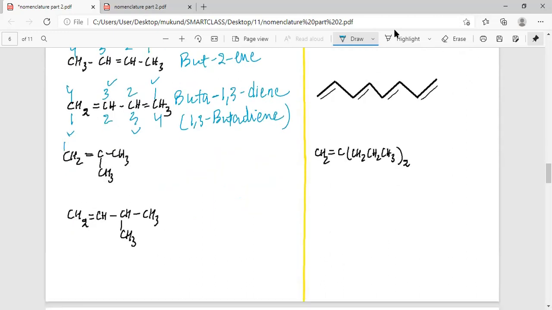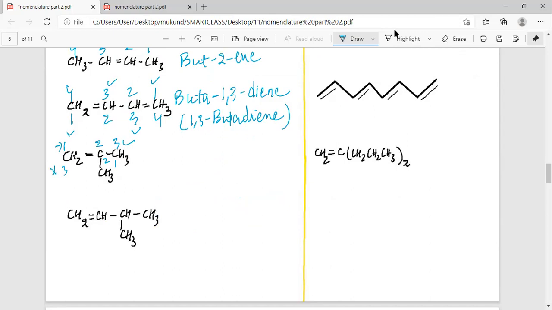Then, my dear students, if we write the name for this compound, we can use this, but if we prefer this kind of nomenclature, then the double bond has got one number. So we'll prefer it this way, because the double bond is a functional group and this numbering is not correct.